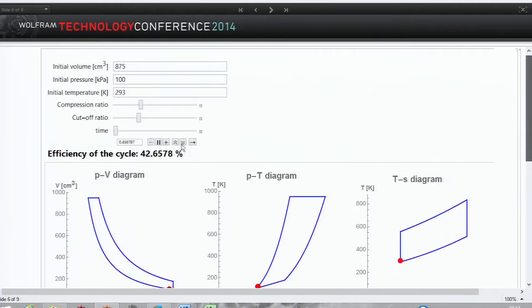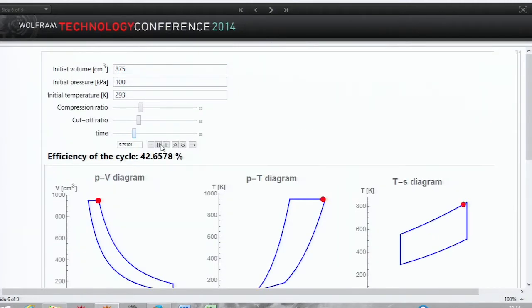But I can see that the animation is running too fast. I'll try to slow it down a little. Give me a moment. It's getting slower and slower by the time. Or not.